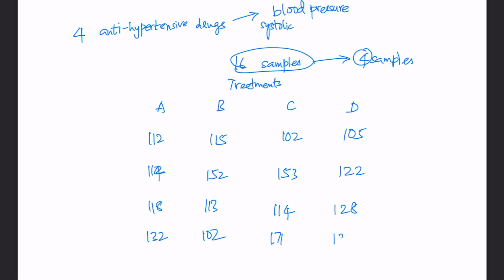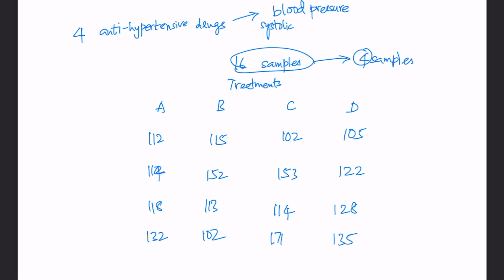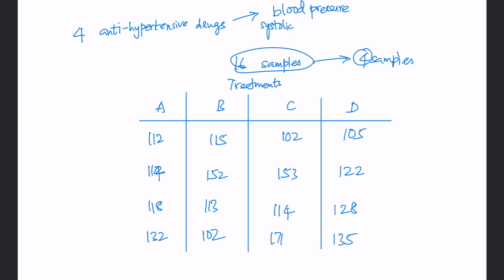So these are the values for the systolic blood pressures of each of these treatments. This type of marking here is basically called a completely randomized block design. This is an example where we are testing the systolic blood pressure with 4 antihypertensive drugs.